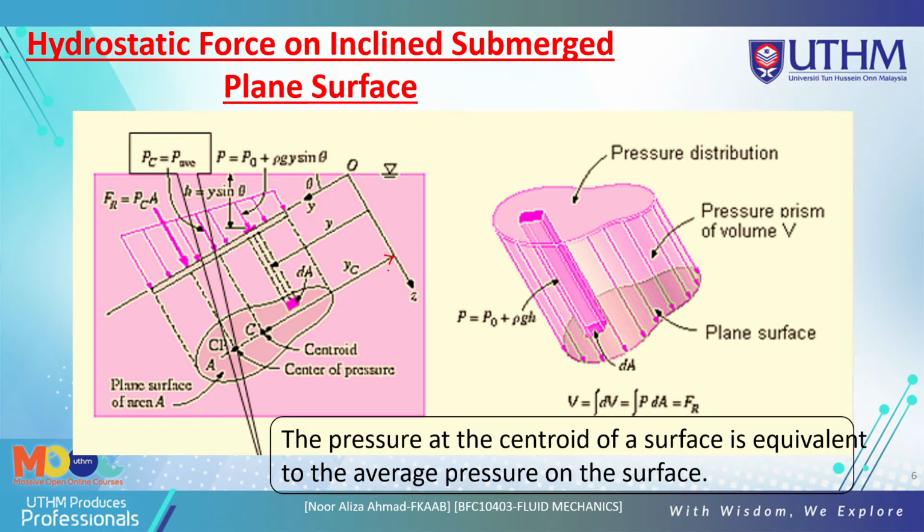And Y here is the distance from the surface to the point where P is equal to the pressure at the surface, P naught, plus density of fluid times g times Y sine theta, because we have the angle theta here.